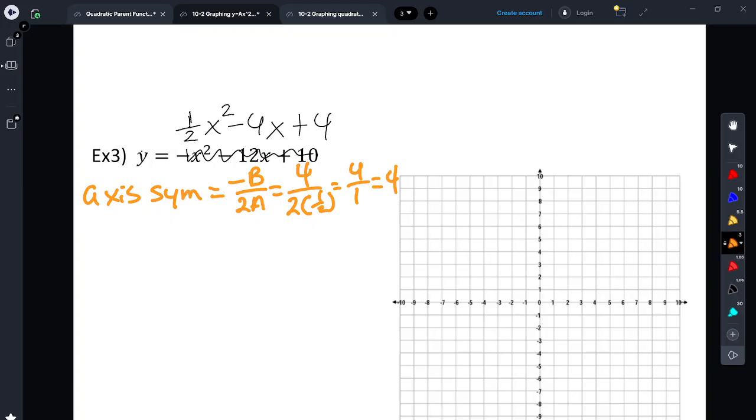All right, graph your axis of symmetry, please. And the equation of the axis of symmetry is always what? x equals some number, so x equals 4.